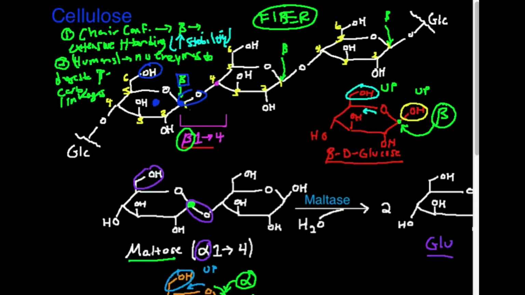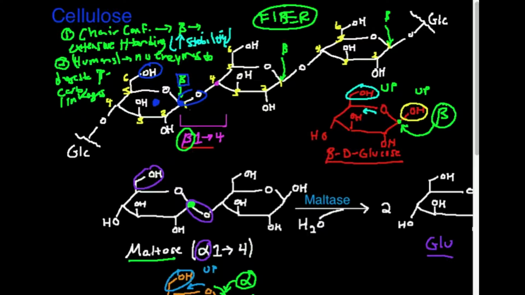And what you would find is that every one of these linkages for cellulose is beta 1 to 4. Also for chitin, it's also beta 1 to 4. There's only one difference in that chitin has N-acetylglucosamine as the subunit, whereas cellulose has glucose as each individual subunit, or monomer. All right, and that's about it that we have to talk about cellulose.